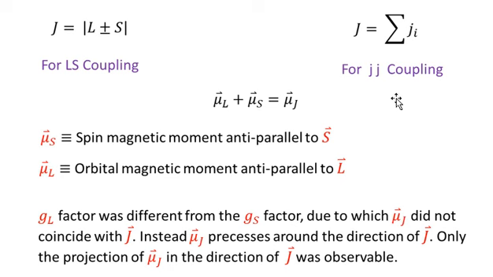But in JJ coupling, the orbital quantities do not exist. So mu S is the spin magnetic moment anti-parallel to capital S, and mu L, the orbital magnetic moment, is anti-parallel to capital L, where capital S is the total spin angular momentum and capital L is the total orbital angular momentum of the atom.